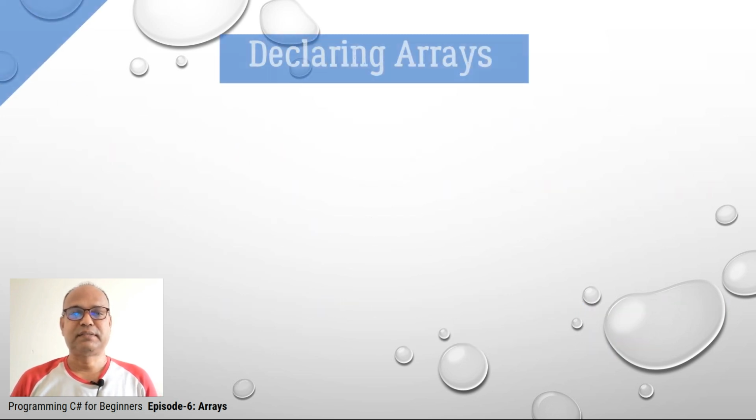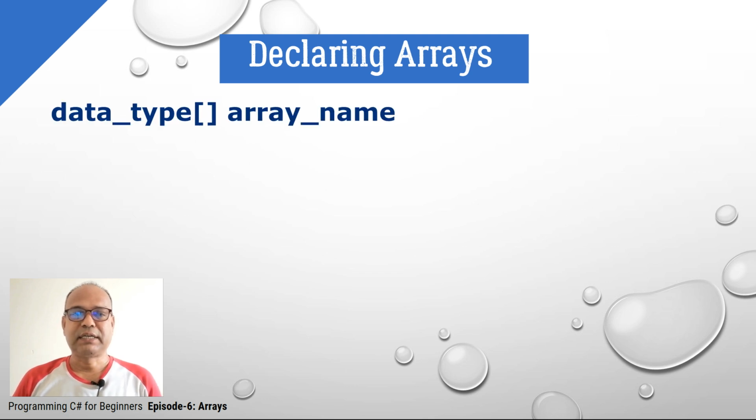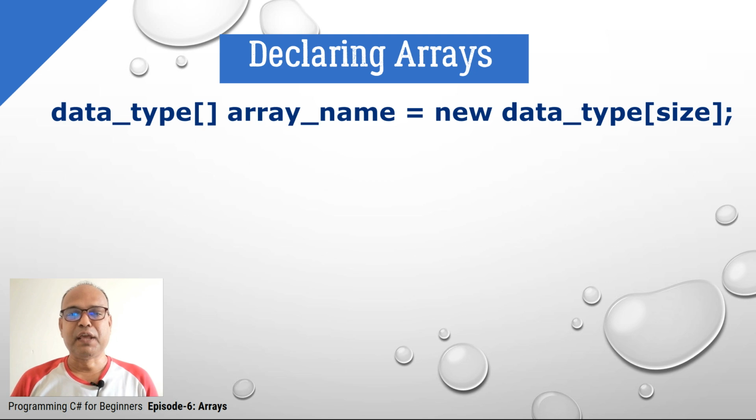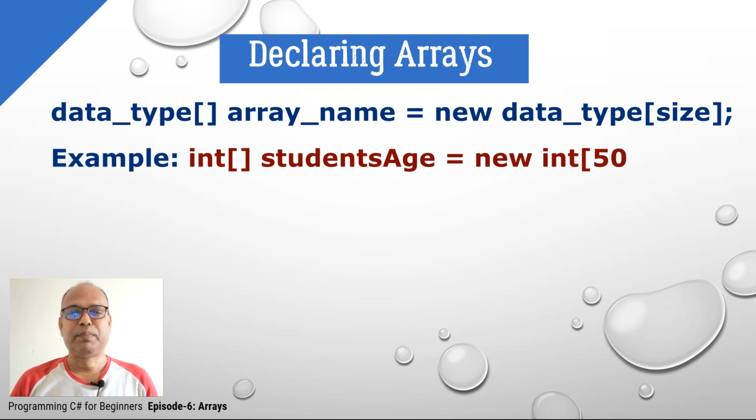Declaring arrays. Have a look at the syntax of declaring an array. Data type, square bracket, array name equal to new keyword, data type, square bracket, array size. Example: int[] studentsAge = new int[50]; Here the studentsAge variable can store 50 integer values.